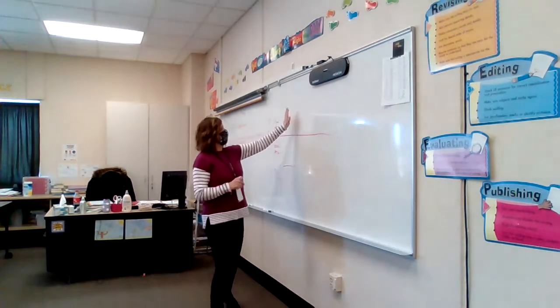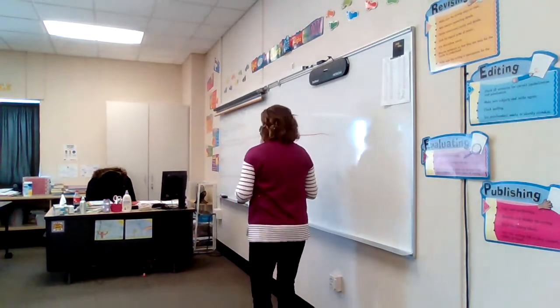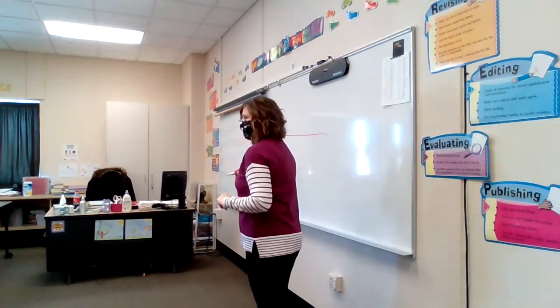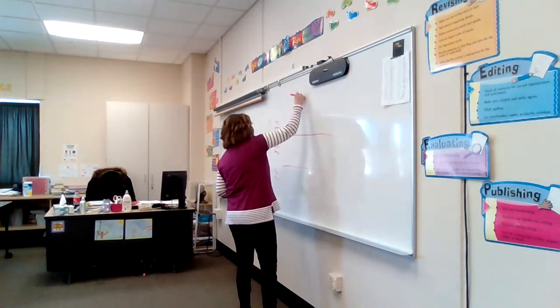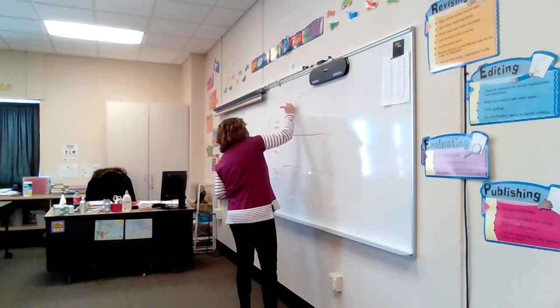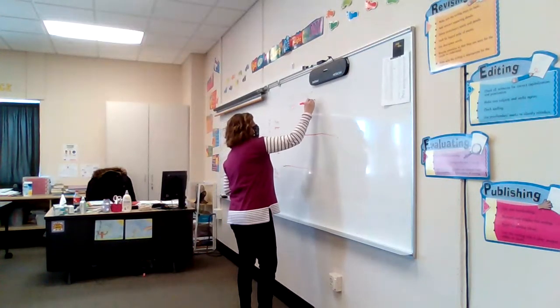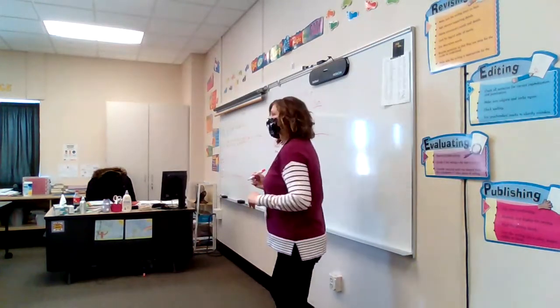So these columns, do you know what they stand for? Singular, plural. Yeah, and we call that the number. So the number is going across, and you have singular and plural. Okay?